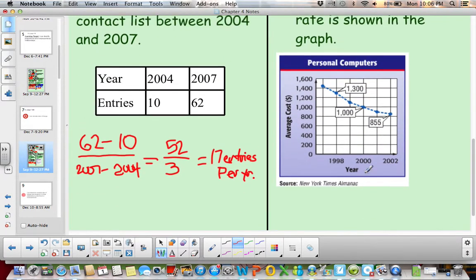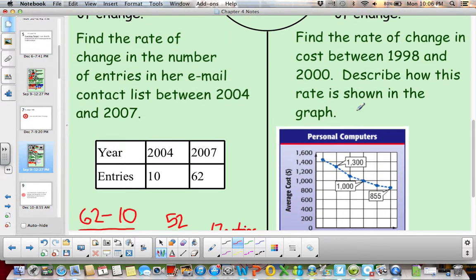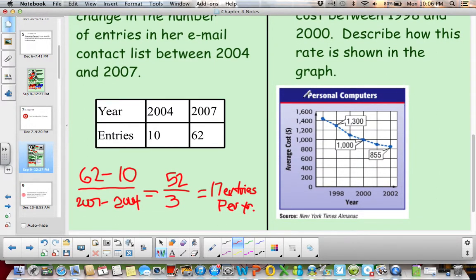Okay? If we are given a graph, how would we figure out the rate of change? We want to find the rate of change in the cost between 1998 and 2000. We can see that this graph is talking about personal computers, the average cost, and in what year. Just by looking at my graph and seeing that it's slanting downward, I know that my rate of change is going to be negative.